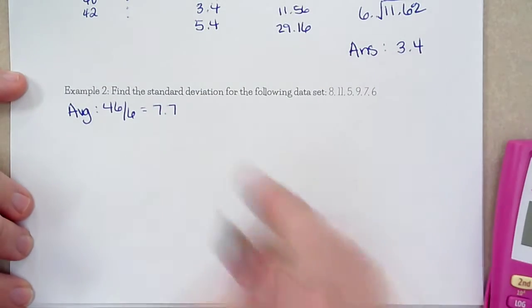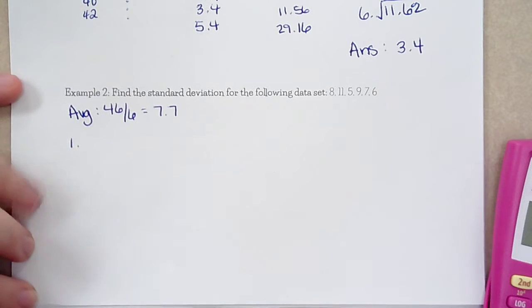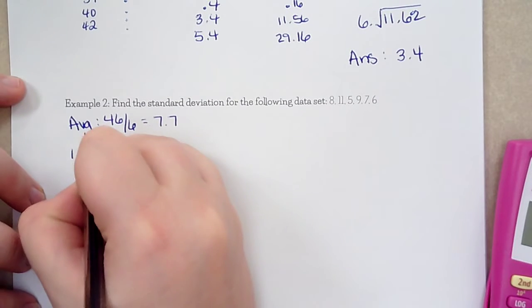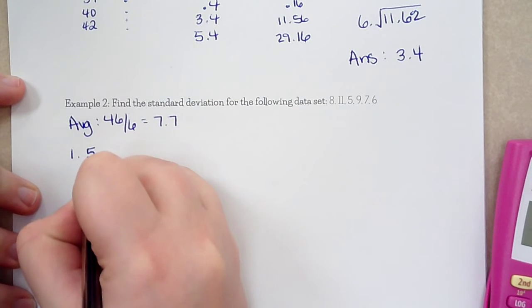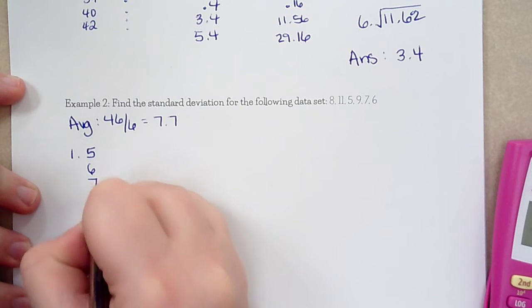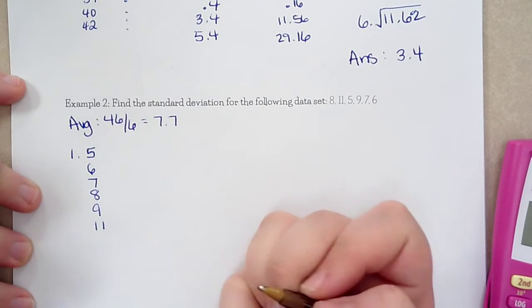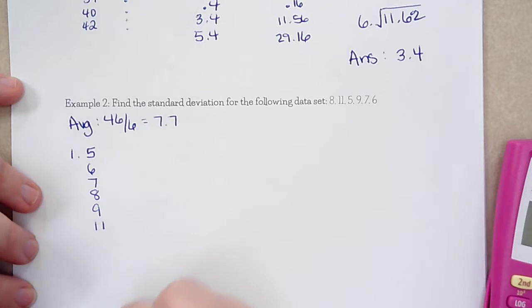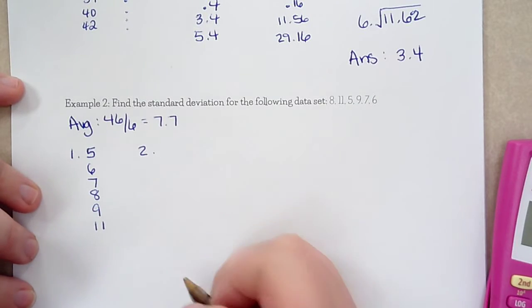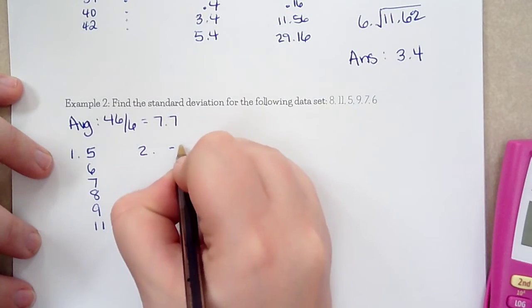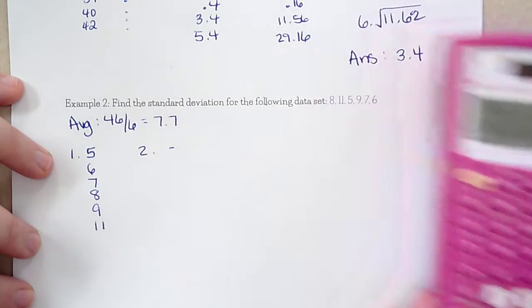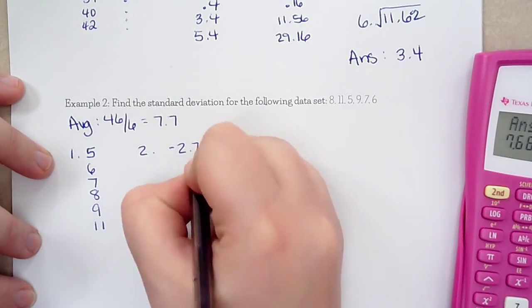I'm going to list my data in my column just like I did before. I don't really need to list it in order, but as a personal thing, I like to. So we get 5, 6, 7, 8, 9, 11. Did I miss one? Nope, we're good to go. Second, subtract from the average. This is going to be negative 2.7.